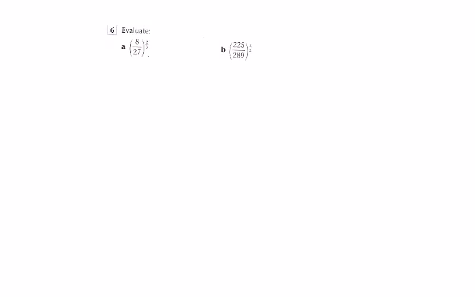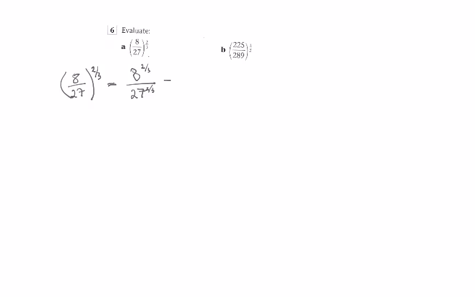So 8/27 to the 2/3. Eight 27ths to the power 2/3 is equal to 8 to the power 2/3 over 27 to the power 2/3.